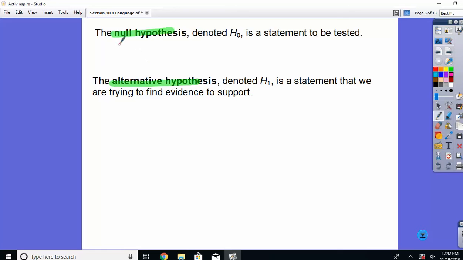The null hypothesis is always assumed to be true unless the evidence indicates otherwise.